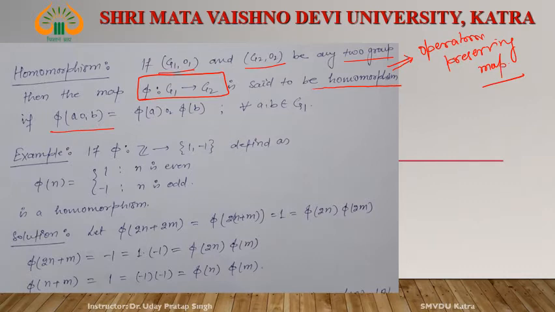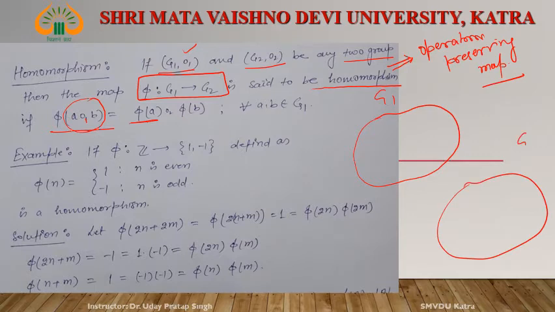That is, phi of (a O1 b) equals phi(a) O2 phi(b). Between these two elements we use the operation of the first group G1, O1, since a and b belong to G1. Suppose G1 is this and G2 is this.